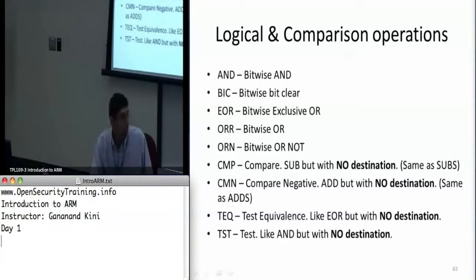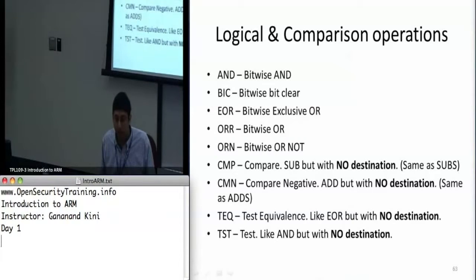It'll actually subtract the two values and then update the appropriate flags, and that's how it does the comparison. Similarly for compare negative, which is a misnomer, there is no real negative, it's just adding the two values in the registers and then setting the flags.